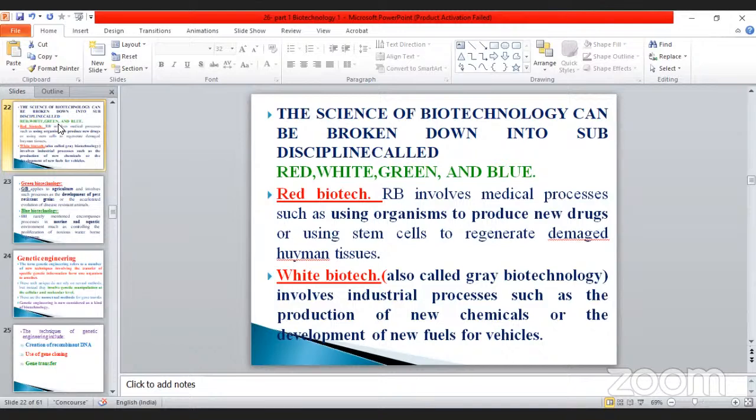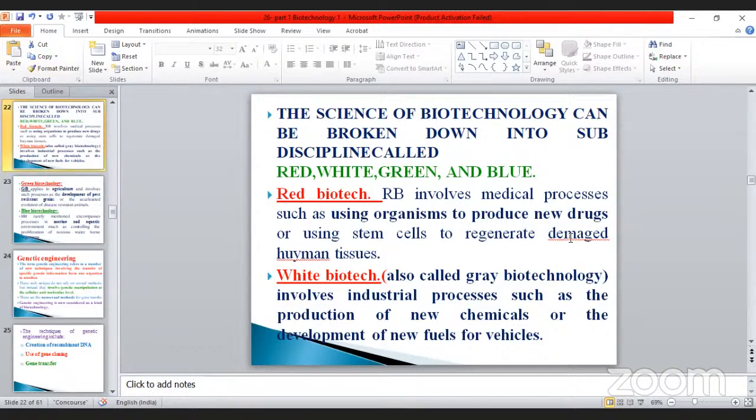Red biotechnology is involved in the medical process, such as using organisms to produce new drugs, or using stem cells to regenerate damaged human tissues.